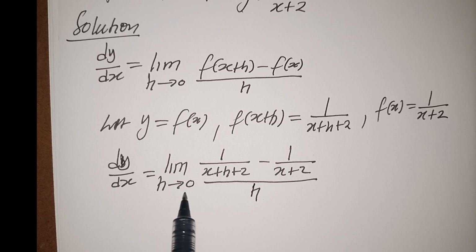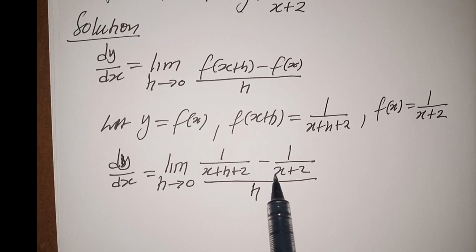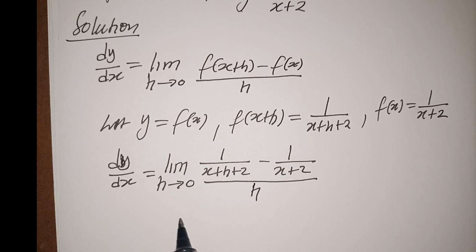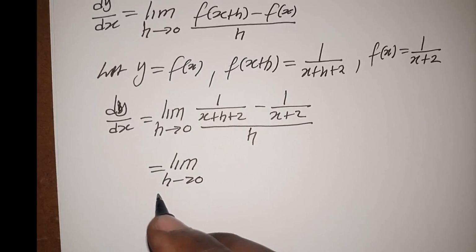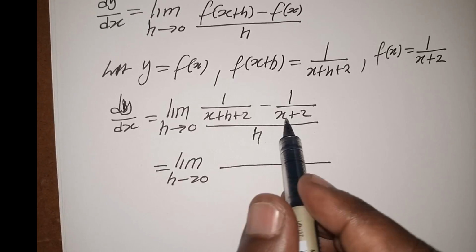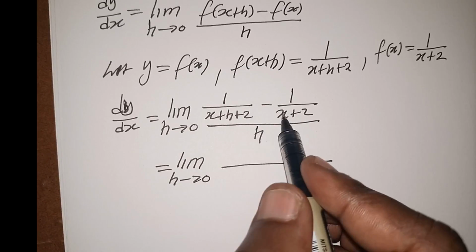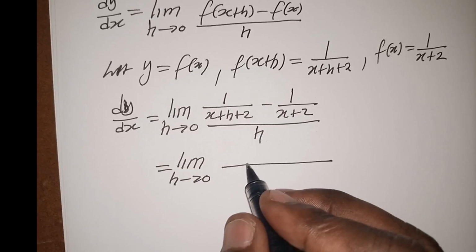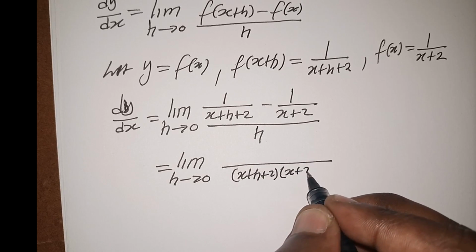At this point, you're supposed to substitute h with 0 to get the limit. But that will give you an indeterminate solution. So what do you do? Simplify the numerator, or write it as a single fraction. Writing this as a single fraction, the lowest common denominator of the two denominators here will be the product of the two denominators, which is x plus h plus 2 and x plus 2.